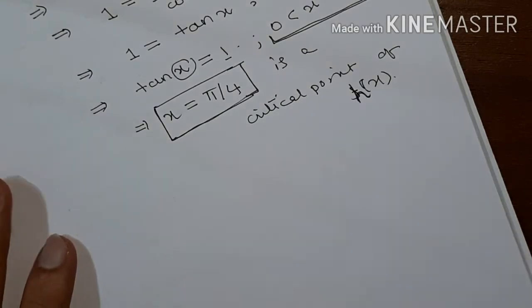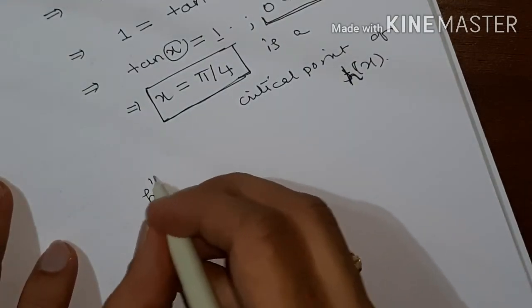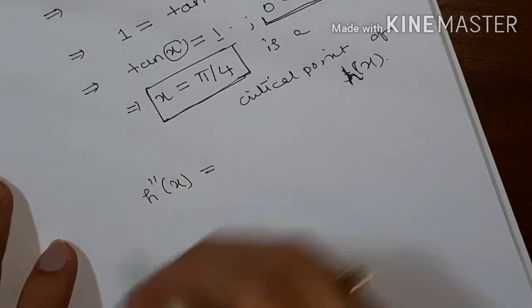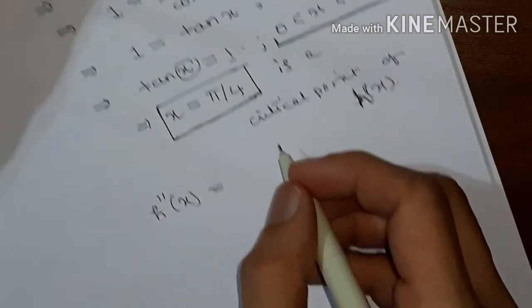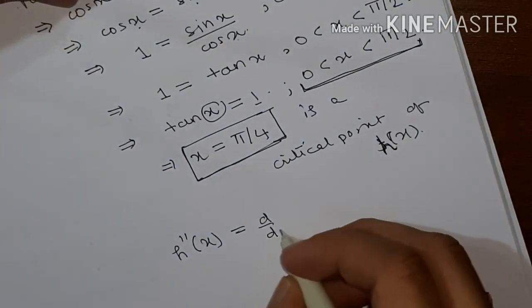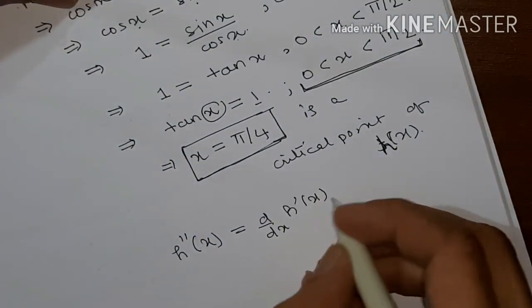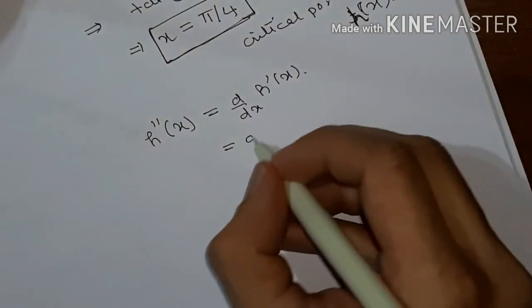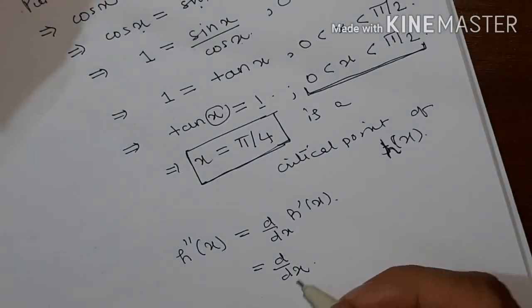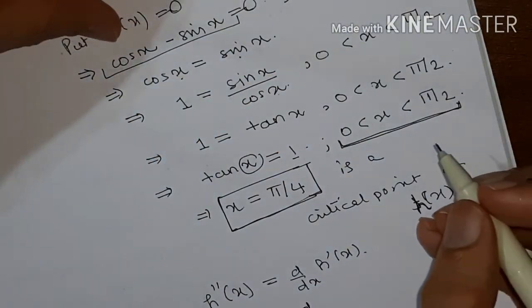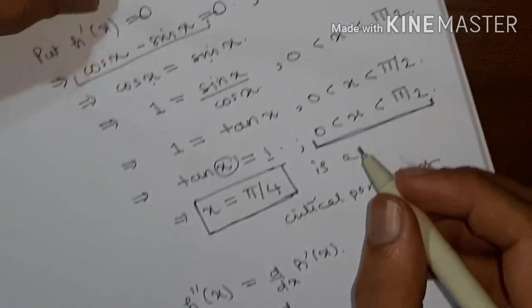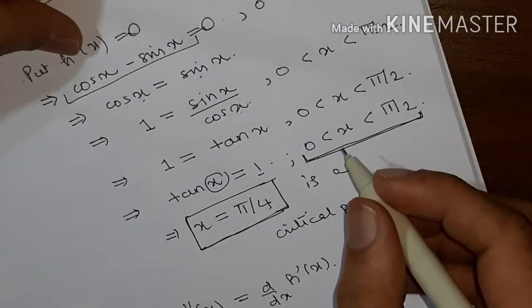Now what you have to do after finding the critical point is find the double derivative. So the double derivative h double prime of x is nothing but the derivative of h prime of x. We have found that it is cos x minus sin x. Now what is the derivative of cos x minus sin x?